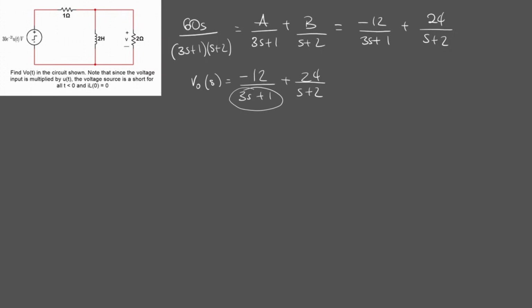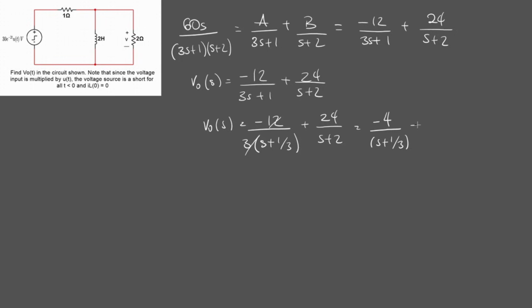So V naught of s is going to equal minus 12 over 3 times (s plus 1 over 3), plus 24 over s plus 2. Amazing, right?